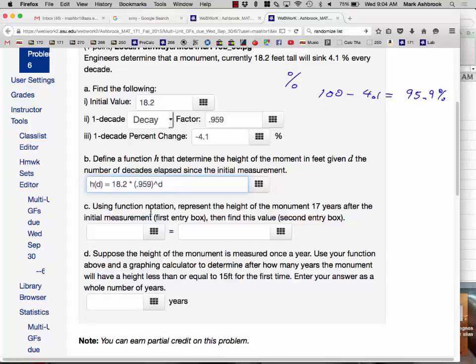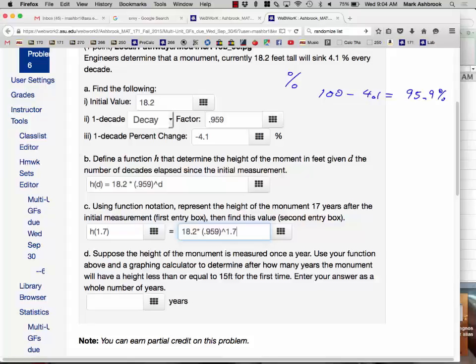So when it says use function notation, we're going to do it right here. 17 years is, but the input is decades. 17 years is going to be 1.7 decades, and we can just let WebWork do the math for us. So that's what it'll be, 18.2 times 0.959 to the 1.7.